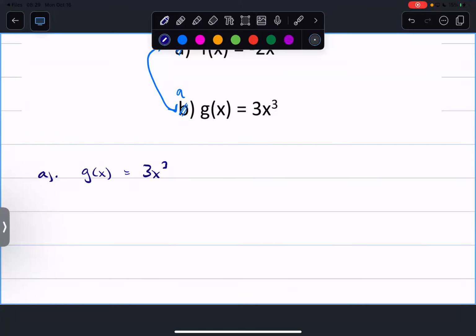So if g of x is 3x to the power of 3, well, I know what the power of 3 looks like. And so, right, no axis flipping here, right? And so in my mind, I just kind of visualize it. That's all I need to answer the question.